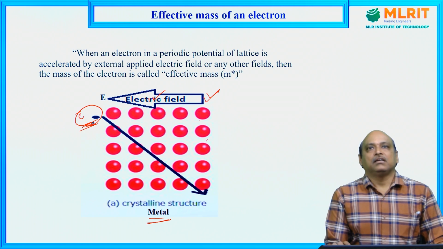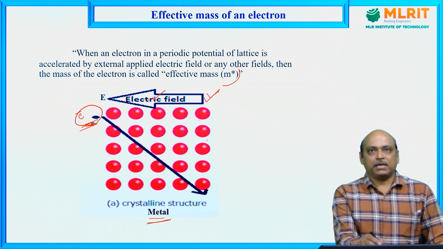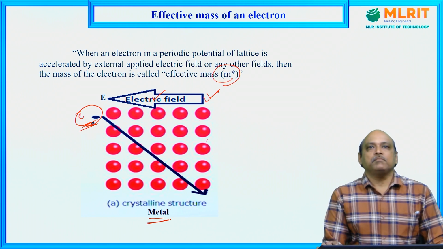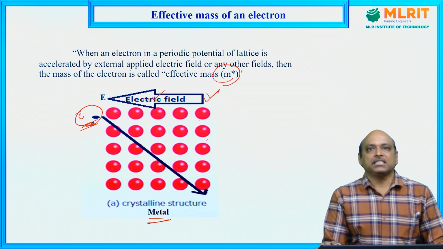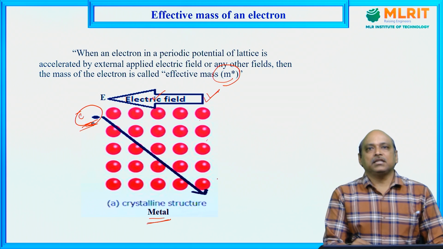In quantum mechanics, the general mass of electron is written as m, but for effective mass we write m star. M star represents the effective mass of electron. This is the best example when we are considering the effective mass of electron.